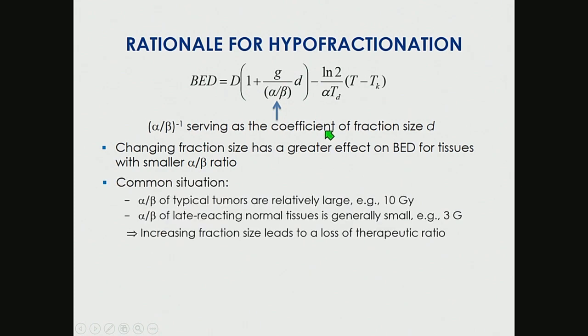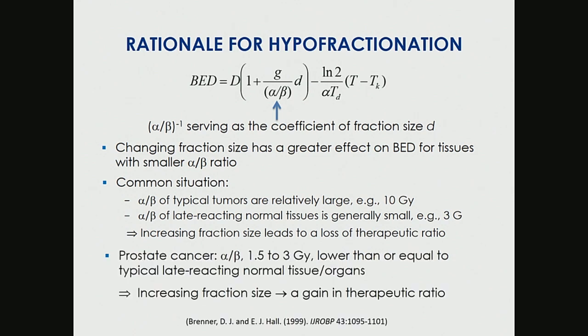And in a normal situation, because the tumor is always surrounded by normal structures or critical organs, when the tumor has a relatively larger alpha beta ratio compared to the surrounding normal tissue, say 3, when you increase the fraction size, you will have more biological effect on the normal tissue, which has a smaller alpha beta ratio. So in order to keep the normal tissue complication the same, you have to reduce the dose, leading to a loss of therapeutic ratio.